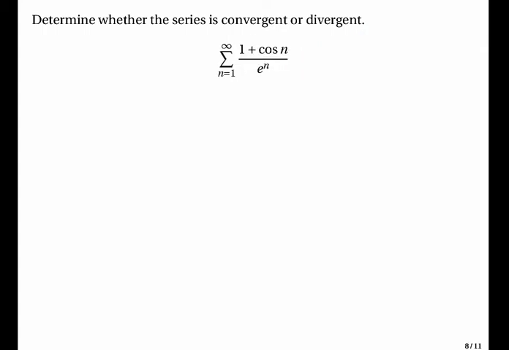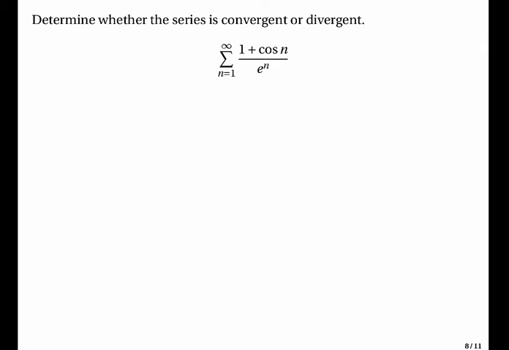For the next problem, we want to determine whether the series from n equals 1 to plus infinity of 1 plus cosine n over e to the n is convergent or divergent.